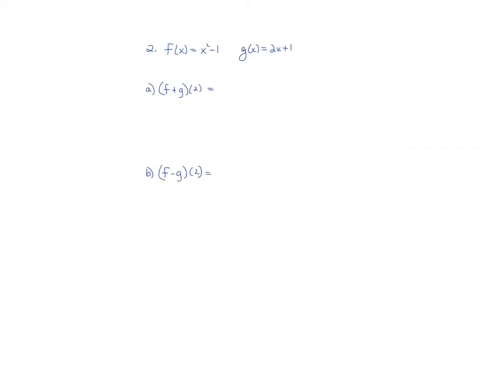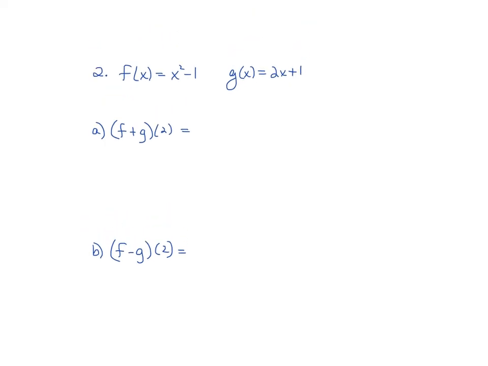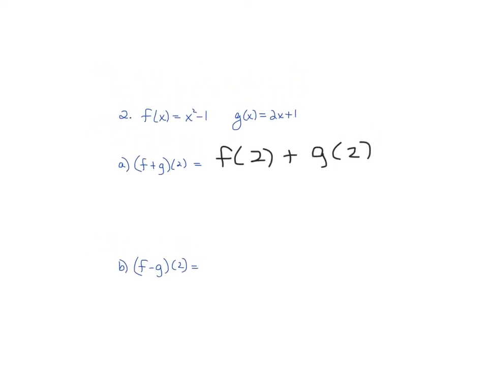Next example, new f of x and new g of x. But this time, instead of just combining them, I'm actually finding the value at x. So what I'm going to do here is find the value of f of 2 and g of 2. Once I plug in 2 to each of the functions and get my answers, I'm going to add them. So first I could do f of 2.